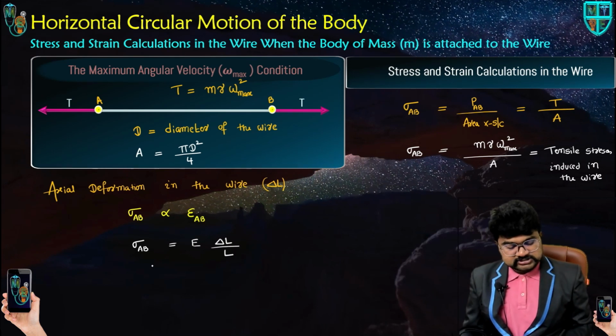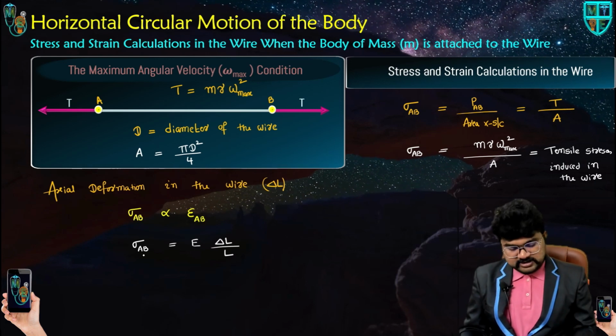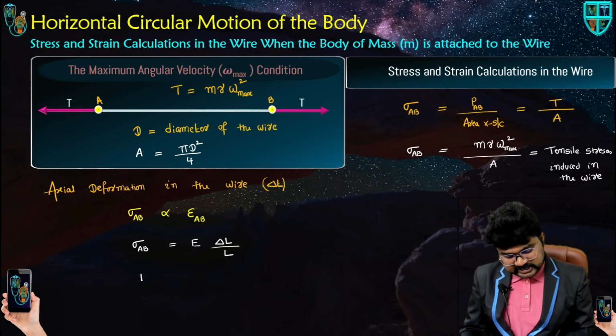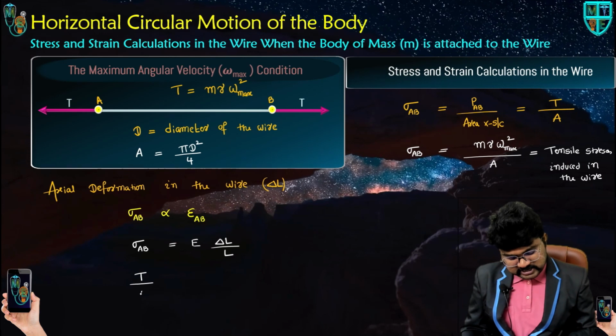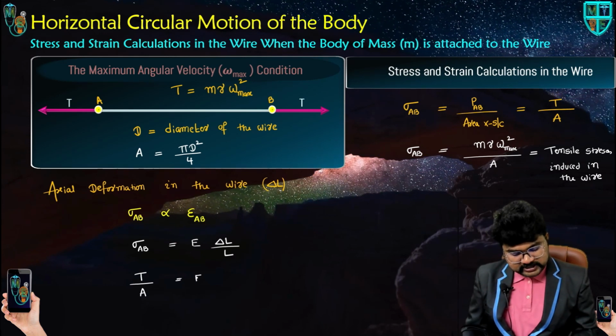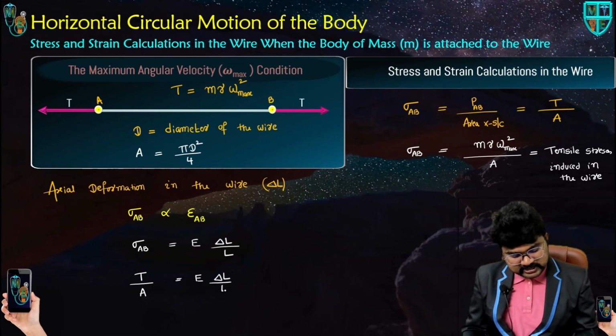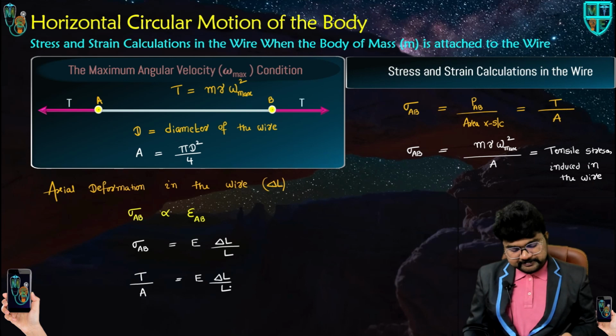So tensile stress induced in the wire AB is tension in the string by area of cross section. E is the Young's modulus, delta L by L is the strain.